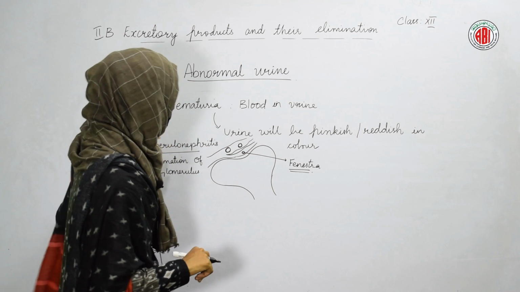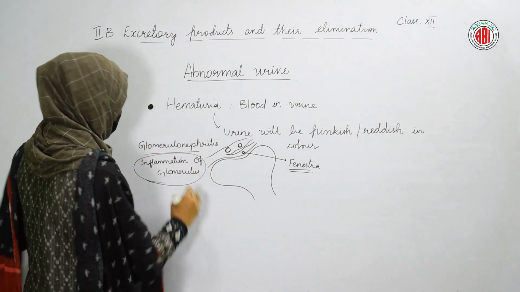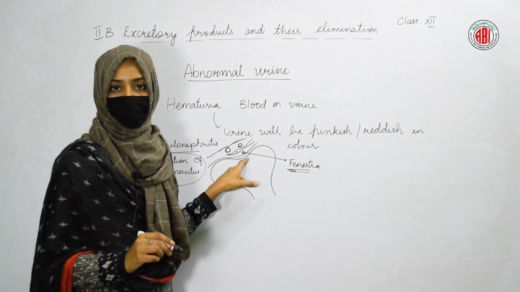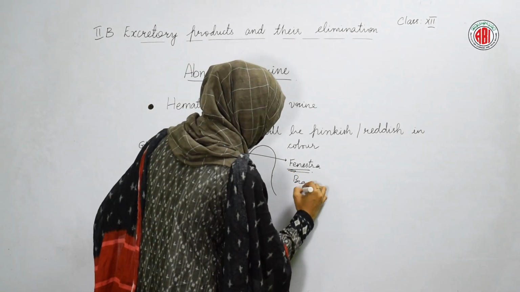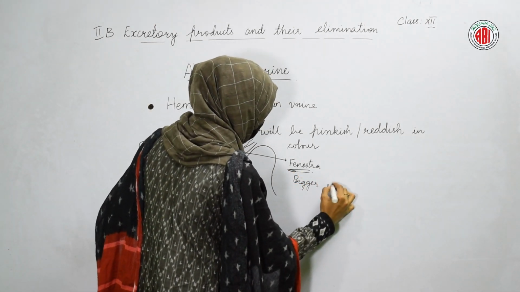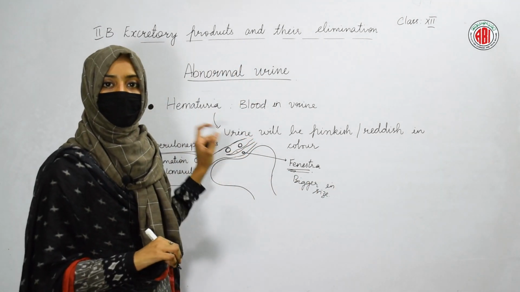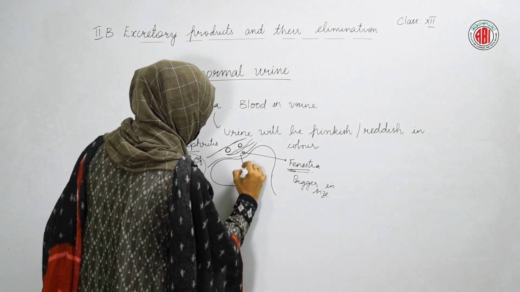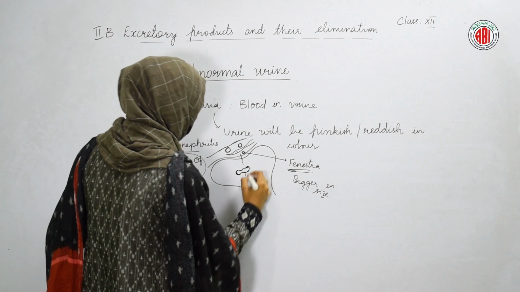But in this abnormality, as soon as the glomerulus gets swollen due to inflammation, the fenestra found in the glomerulus also become bigger in size. So along with the waste products, RBCs also come out of the glomerulus and can be released in the urine.